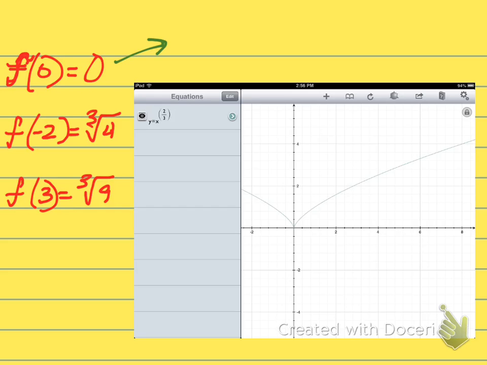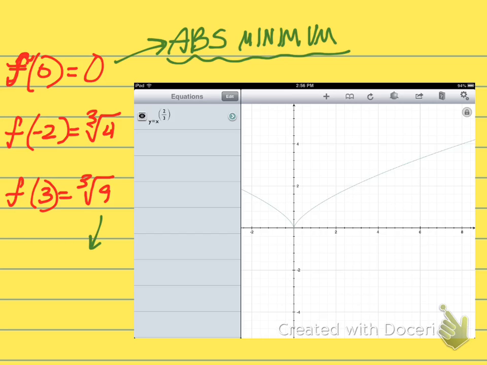So this is the location and the value of our absolute minimum. And the cube root of 9 is the biggest function value. That will be the value and location of our absolute maximum.